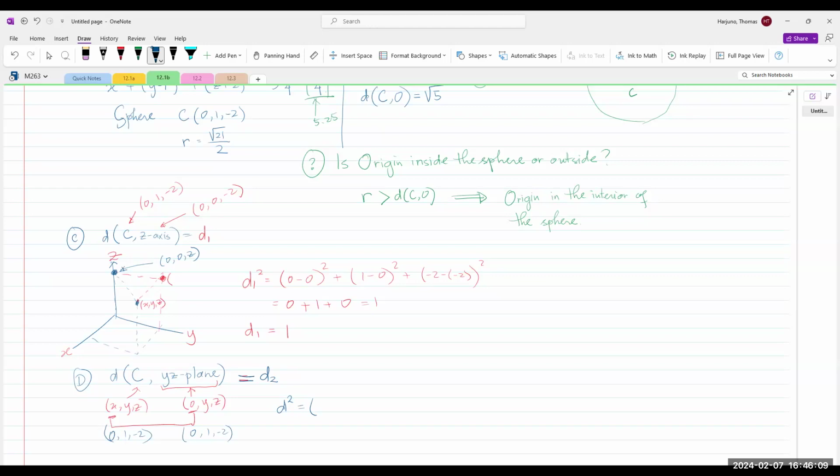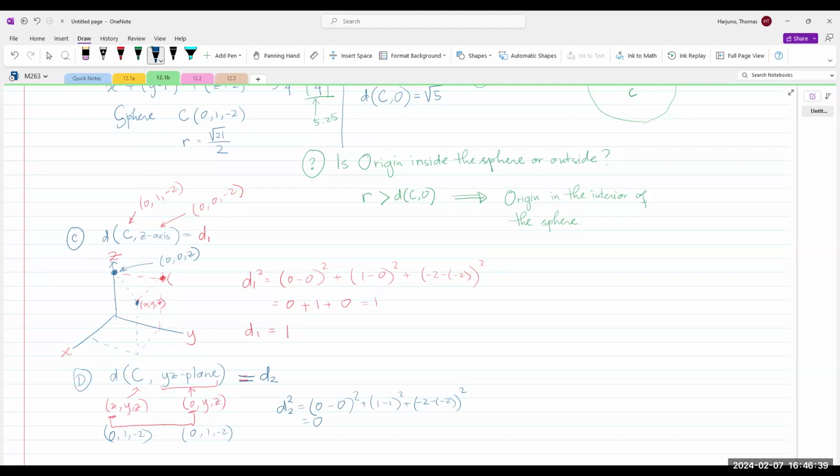So this is 0 minus 0 squared plus 1 minus 1 squared plus -2 minus -2 squared. That would be 0. In other words, yes, the center happens to be on the yz plane. Well, because what? Well, the x component of the center is already 0.